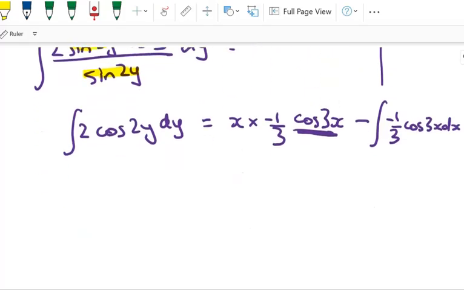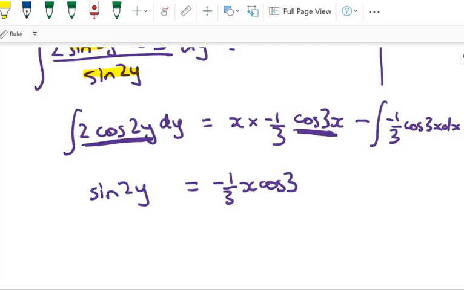Okay, on the left-hand side, when we integrate this, we get a sine of 2y term. And here we have negative 1/3 x cos of 3x plus 1/3 times the integral of cos of 3x.